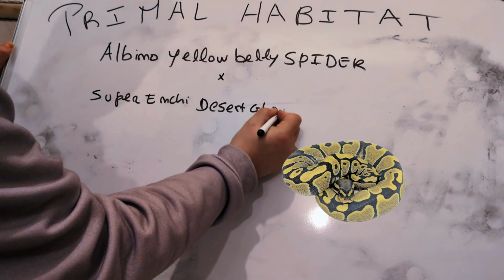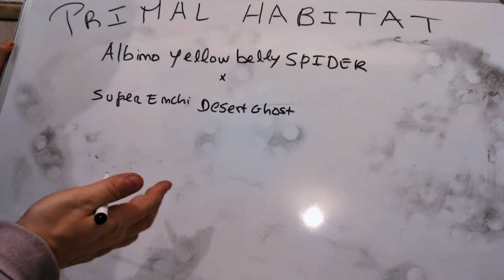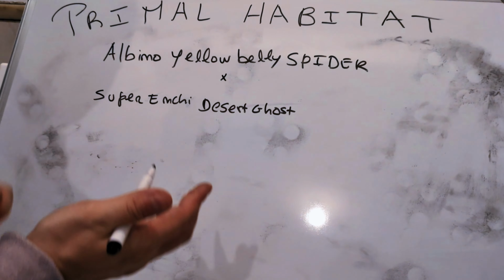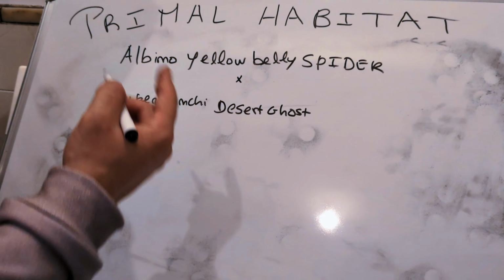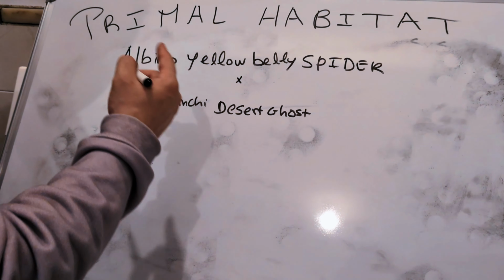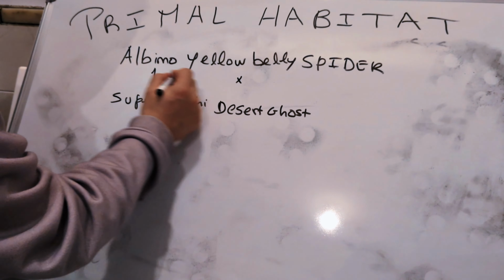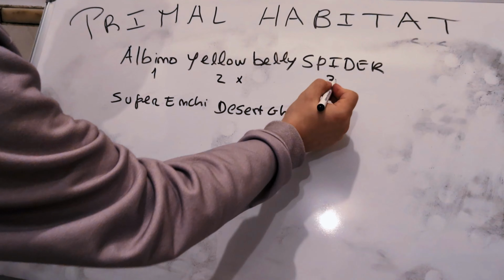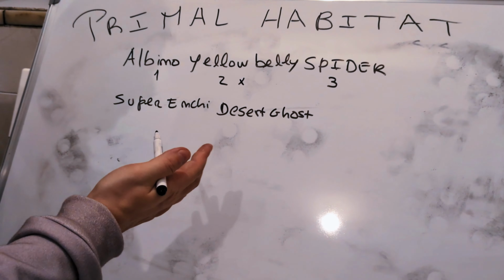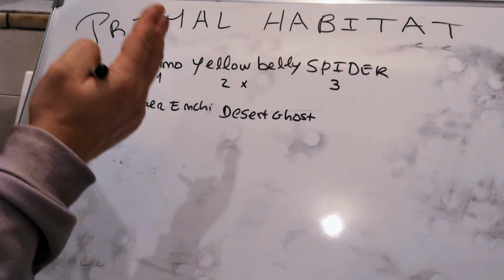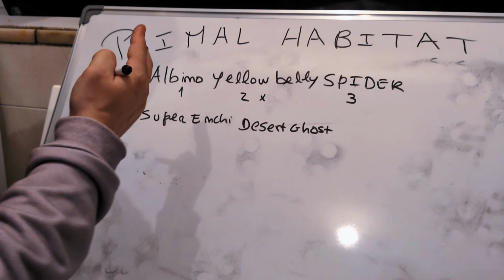It seems difficult to know what the offspring would be, but it's not difficult at all. So we know that the snake passes one allele per gene. So how many genes has the first snake? The first snake has 1, 2, 3 genes. The first one is albino and is not heterozygous, so we know that it has to have 2 alleles of albino in that gene.